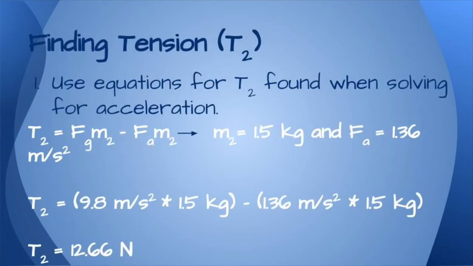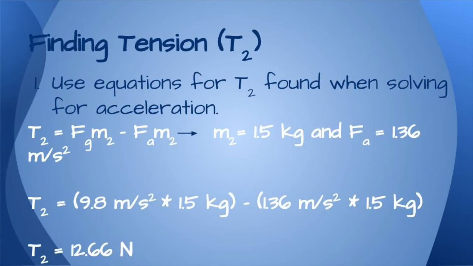So our next step is to find the tension over the pulley, and we can use one of the original two equations in relation to tension to solve for tension with acceleration. So we have the equation for tension, which is force of gravity times the second mass minus force due to acceleration times the second mass. We know that the second mass is equal to 1.5 kilograms, and we know from the last step that the acceleration is equal to 1.36 meters per second squared.